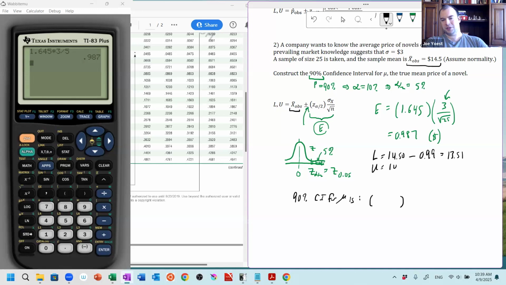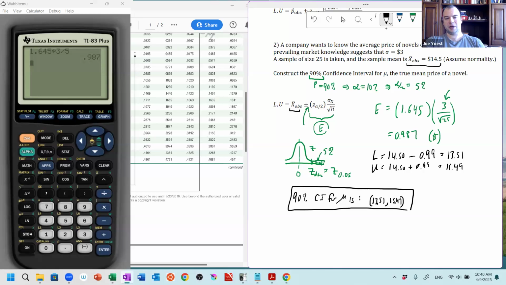And my upper bound would be 14.50 plus 0.99, or that's 15.49. So 13.51 up to 15.49. So I'm 90% confident that this interval, $13.51 to $15.49, will cover the true mean mu, the true mean price of novels of this type on the market.